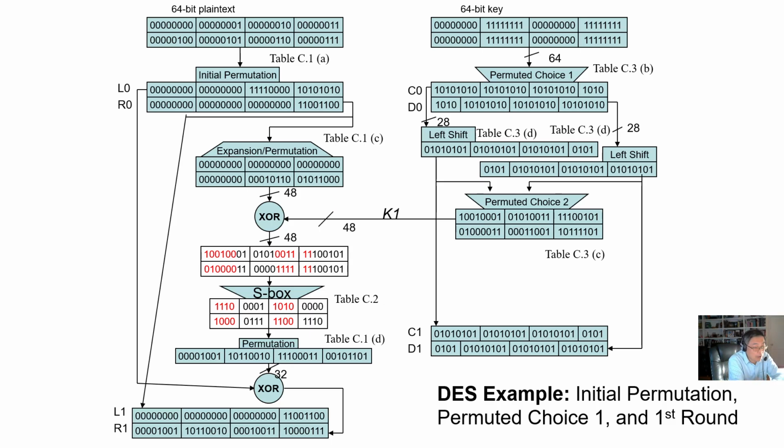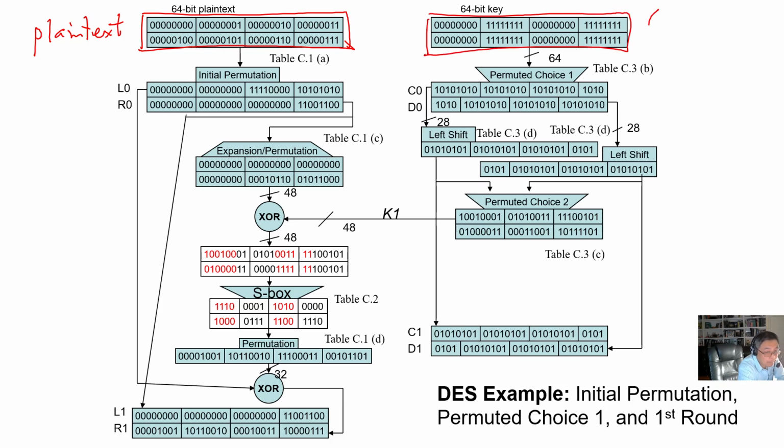Here's the overview of this example. This is the input plain text, which we mentioned in the previous slide, a 64-bit plain text, and that's the 64-bit key. The first step is the initial permutation.